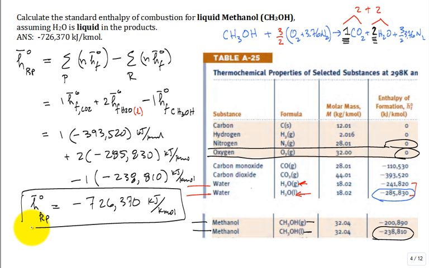So, how come you didn't do it for the air? Yeah, the enthalpy of formation of the oxygen is 0, and the enthalpy of formation of the nitrogen is 0. So I could have put them in the equation and said, hey, they're 0, but I'm saving space. Look good?